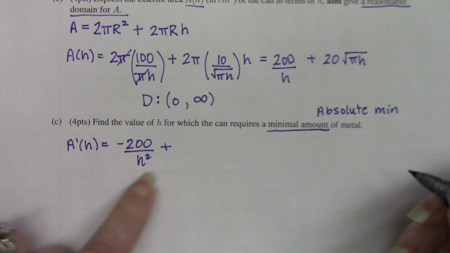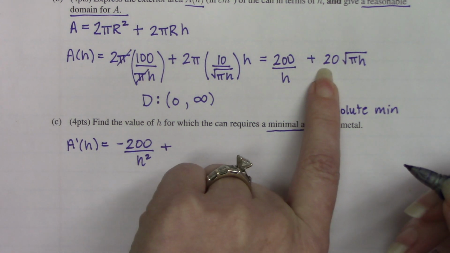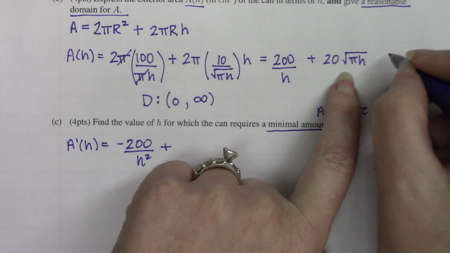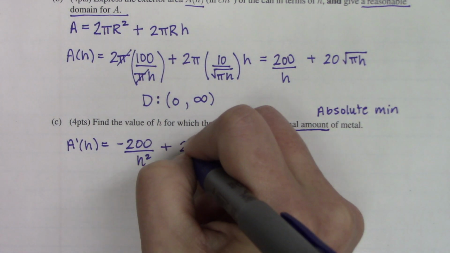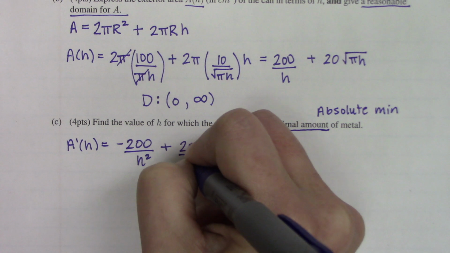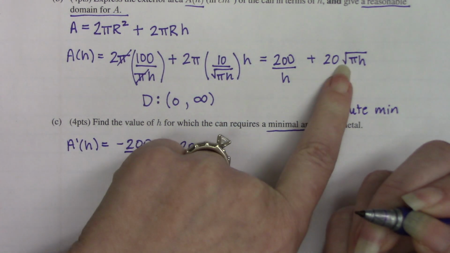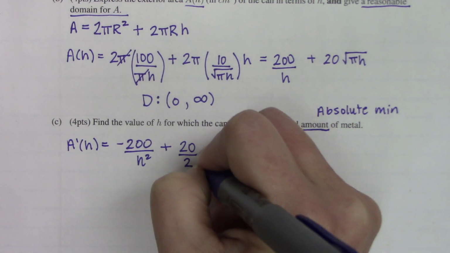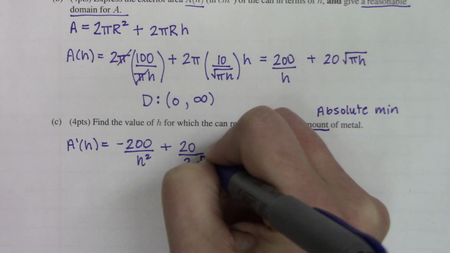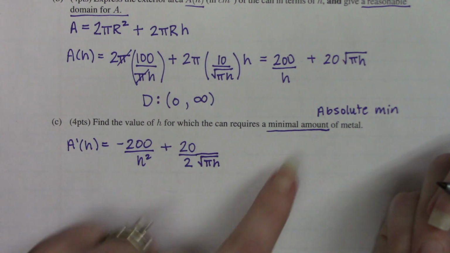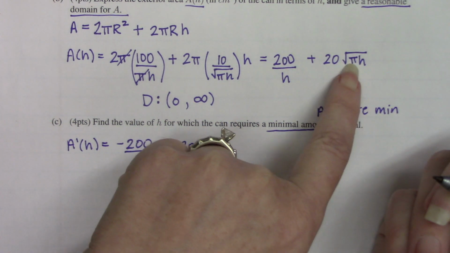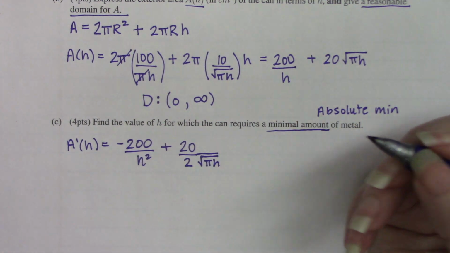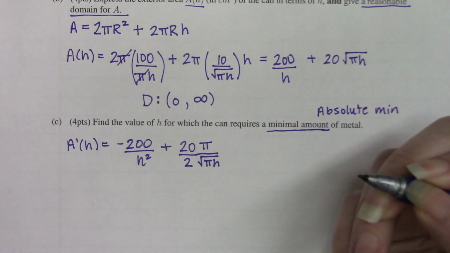For the next piece, this is the same thing as saying 20 times all of this stuff raised to the 1/2. So the derivative would be 20 times 1/2, and then all of this stuff raised to the negative 1/2. The negative 1/2 moves the radical down here. But then this is actually a chain rule derivative. So the derivative of the outside is here, but the derivative of pi h is just pi.